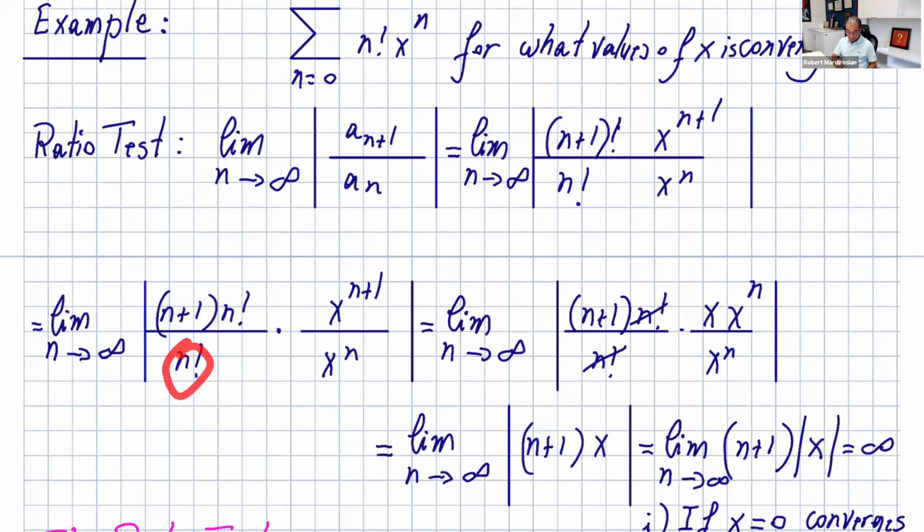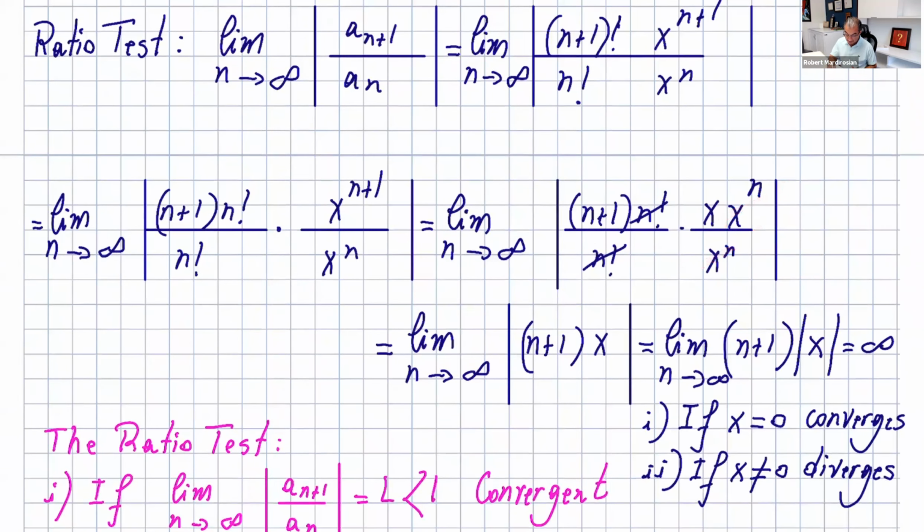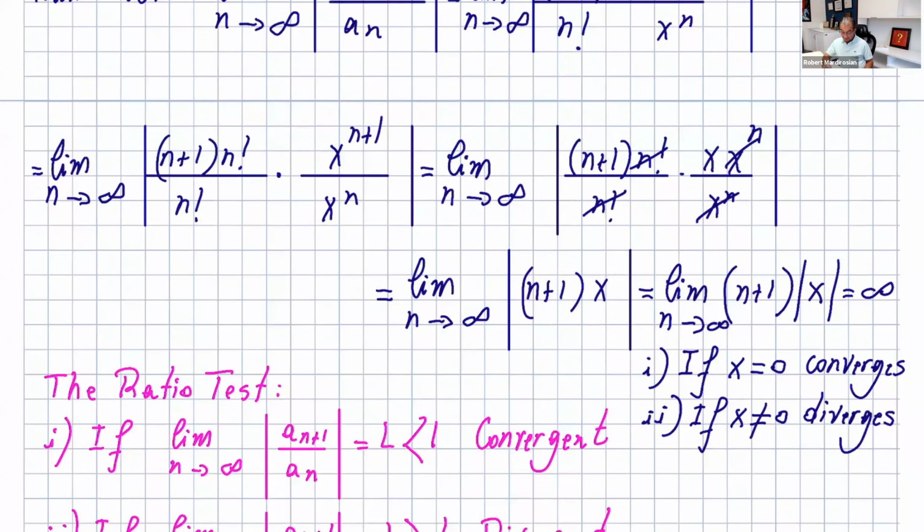Why do we do that? Because we know we can cancel those. And how can we write x to the power of n plus 1? That can be written as x times x to the power of n, divided by x to the power of n. Why did we do that? Because we know they are going to cancel each other. And at the end, you're left with the limit as n approaches infinity of the absolute value of n plus 1 times x.